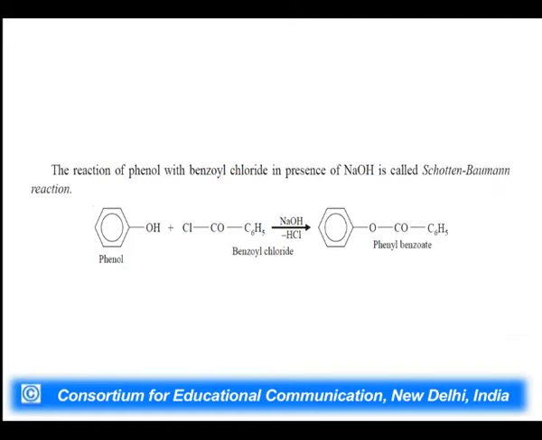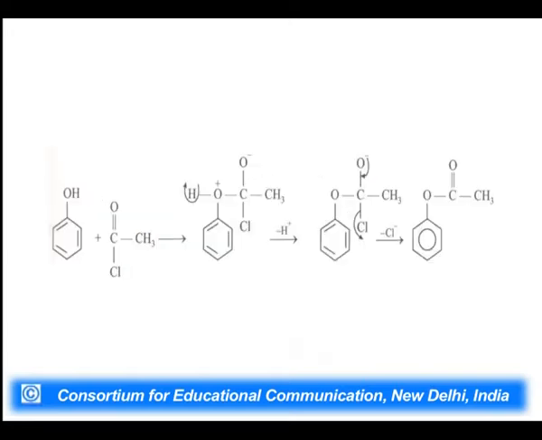This modification of esterification, which is benzoylation, when done in the presence of sodium hydroxide, is known as the Schotten-Baumann reaction. Here again we have shown the mechanism where phenol acts as a nucleophile, reacting with the carbonyl carbon, giving us a tetrahedral intermediate, from which the halide ion is eliminated to give us the final product. This is the mechanism of the acylation reaction.